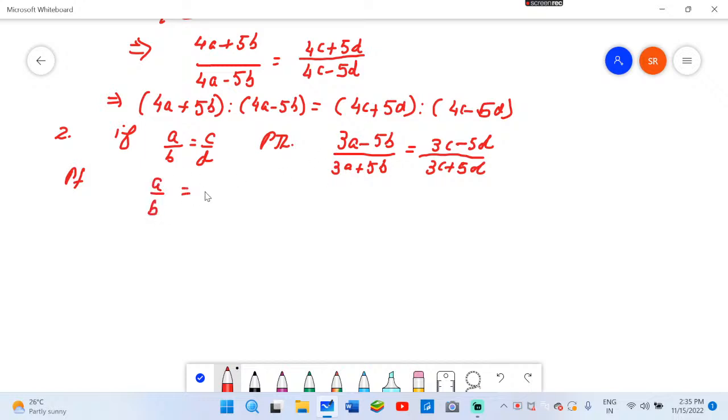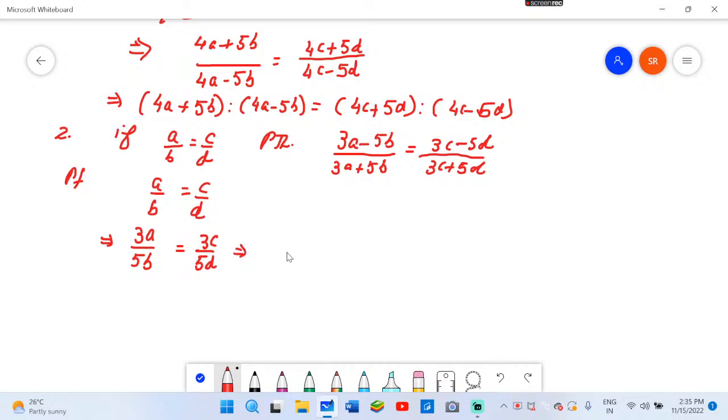So let us make some modification in the given statement so that we can create these terms. A upon B is equal to C upon D. We multiply both sides by 3 upon 5. So 3A upon 5B equal to 3C upon 5D. Right? Then we apply componendo and dividendo.